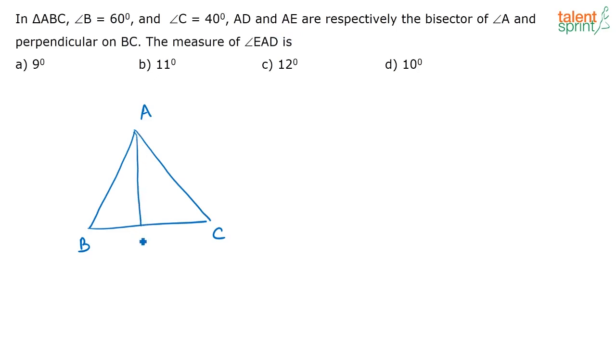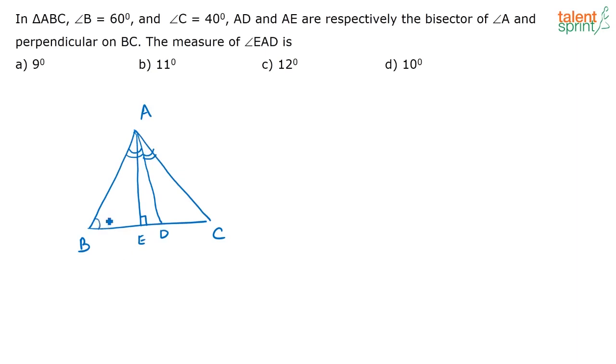So this is AE, it is the perpendicular, then you have AD, right? This is dividing angle A into two equal angles. See, it is given that AD is the bisector of angle A. That means AD divides angle A into two equal halves.